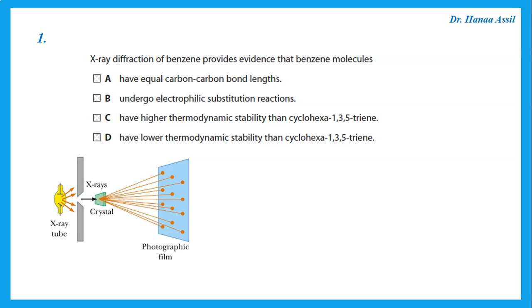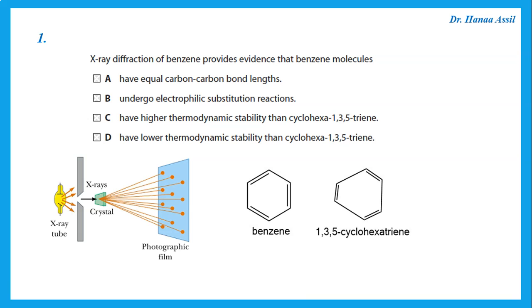So from the X-ray diffraction, they were able to find out that benzene has equal carbon-carbon bond lengths.